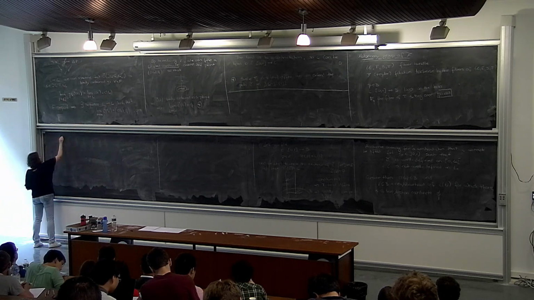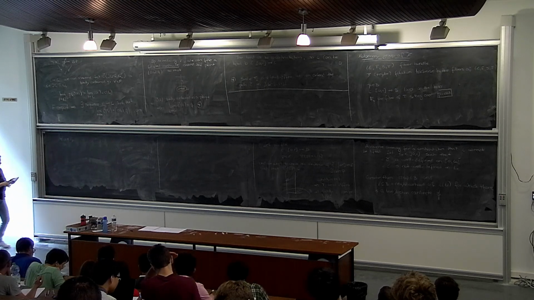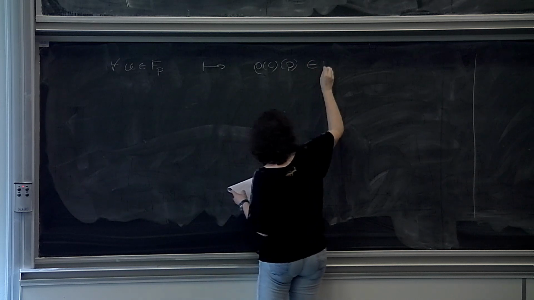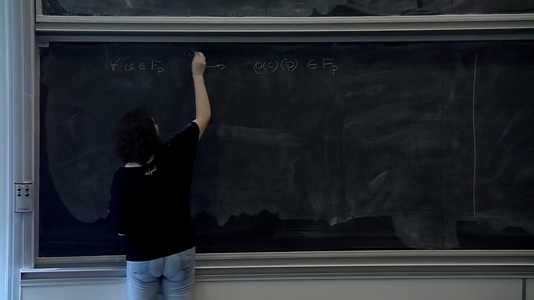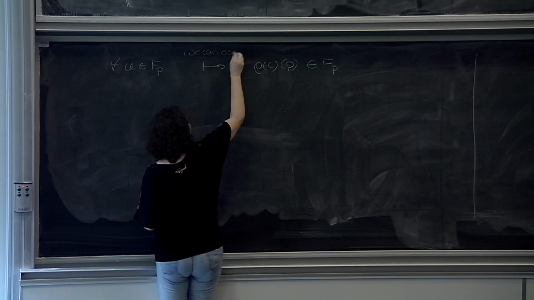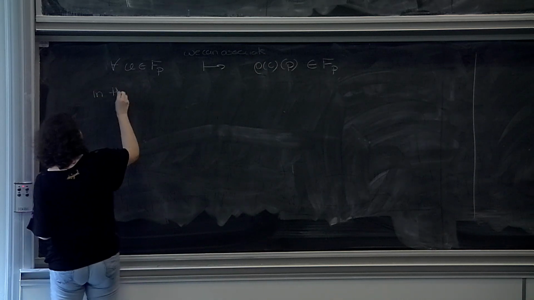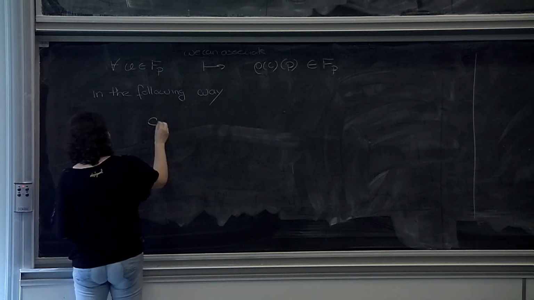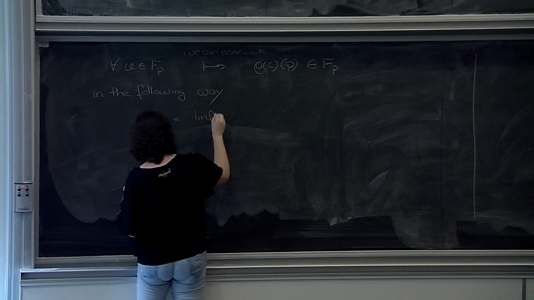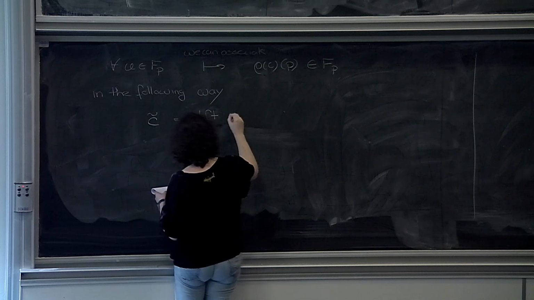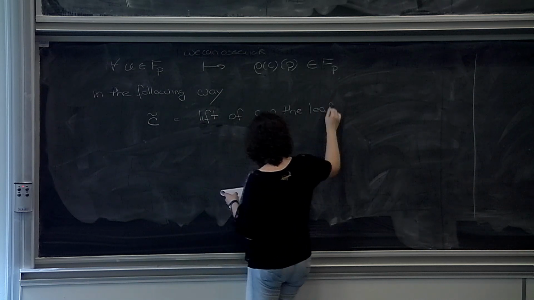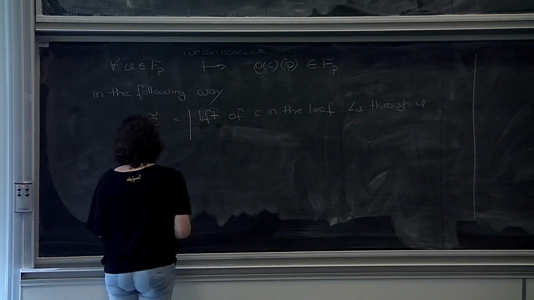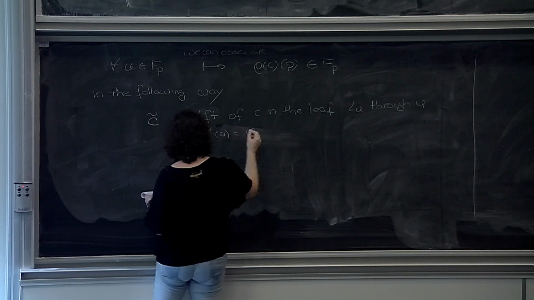Okay, so for every point x that we fix on the fiber above P, we can associate an element that will be denoted in this way, that also belongs to the fiber. And we can associate it in the following way. So let us take C tilde, the lift of C in the leaf L_x that passes through the point x, and such that C tilde 0 is x.